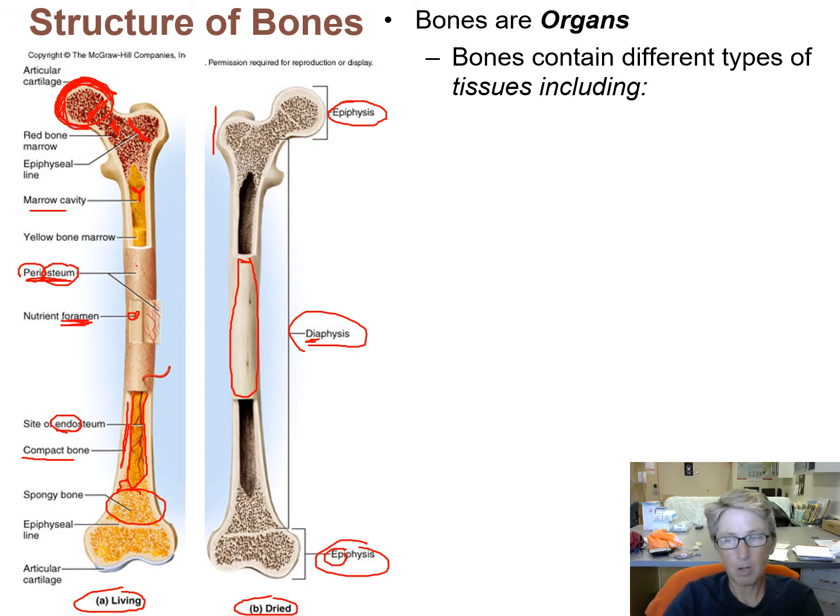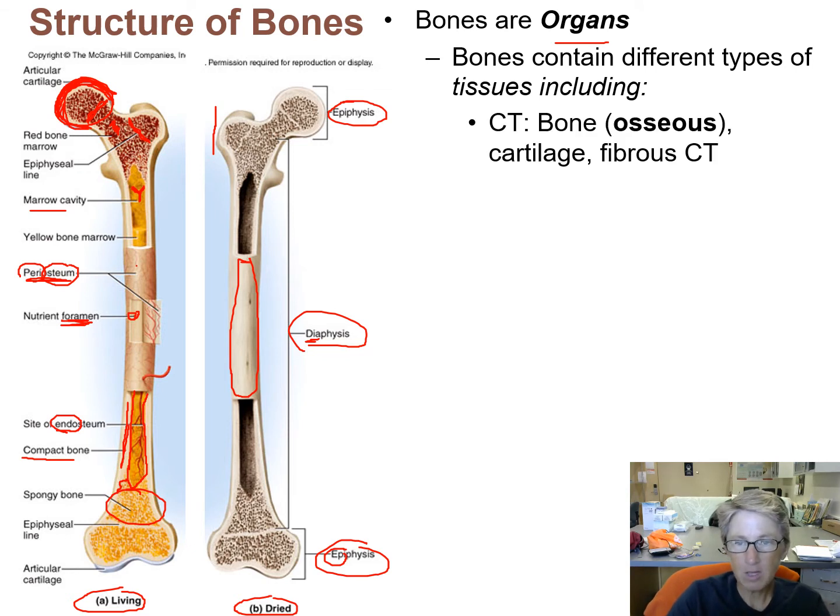So maybe you didn't know this, but bones are organs, and they contain different types of tissues. So in a bone there's connective tissue, and remember bone is a type of connective tissue. So that's osseous. Anything that's osteum, osseous, that's all bone. It all means bone. Bone in general contains cartilage and fibrous connective tissue.